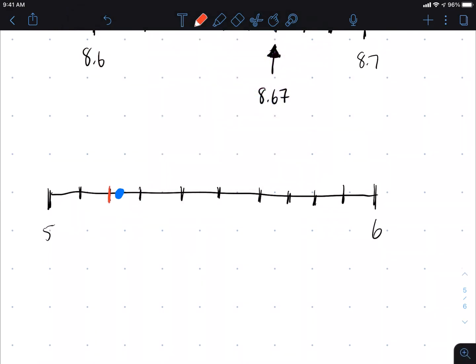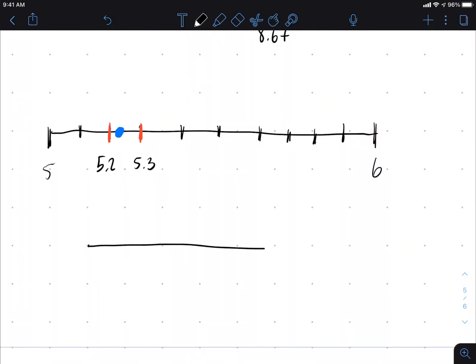Okay, so here's what I want you to tell me. What are the numbers between the two dashes for the blue dot? It's... 5.2 and 5.3. Yep, that's 5.2 and that's 5.3.